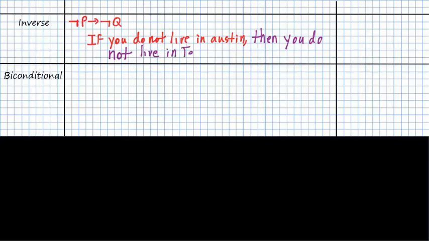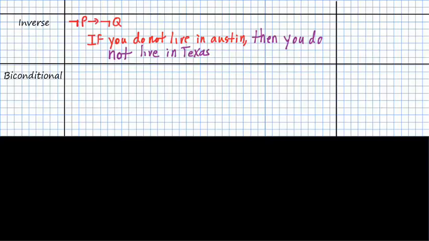So we have, if you do not live in Austin, then you do not live in Texas. So if you do not live in Austin, then you do not live in Texas.